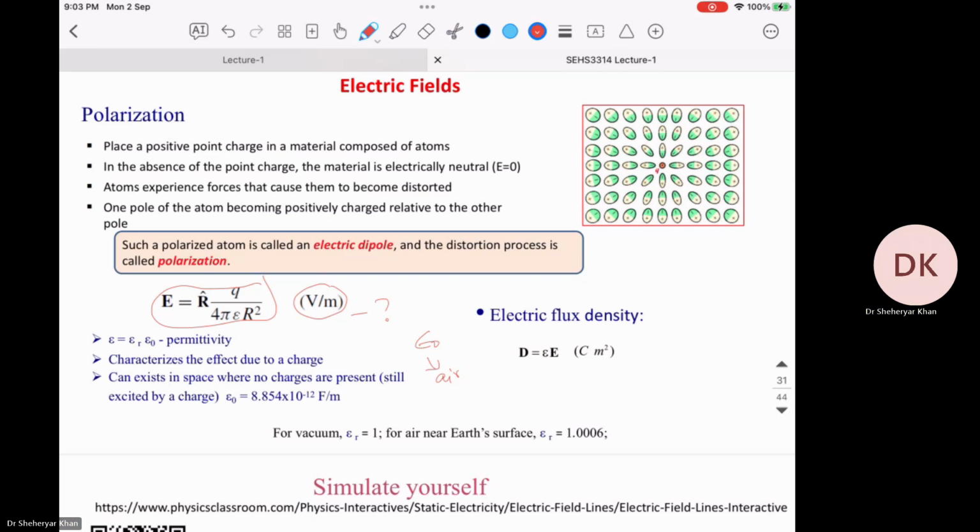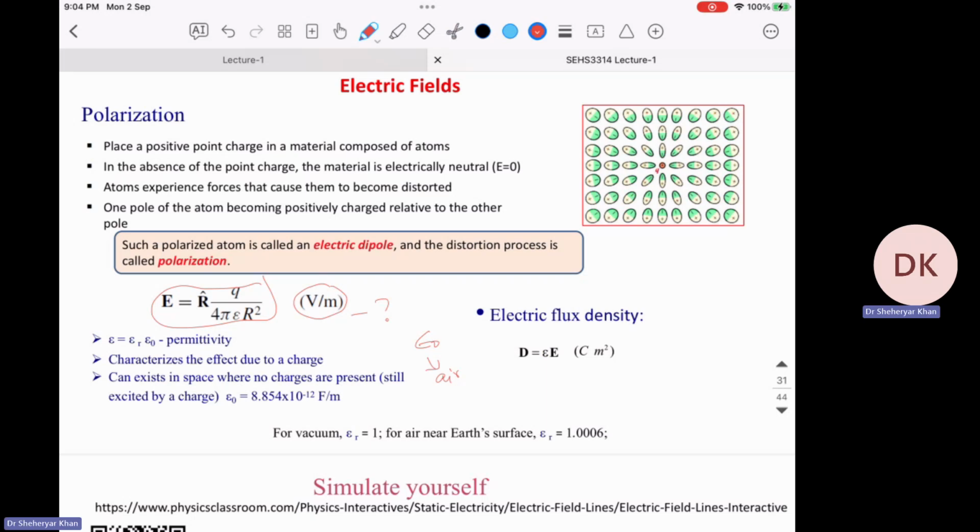So the third thing that we usually consider in our experiment is the flux density. The flux density is epsilon multiplied by E, right? Because you see, E is more like a common term, volt per meter. But the electric field in a metallic object of copper or iron, in mica, in copper, is different.